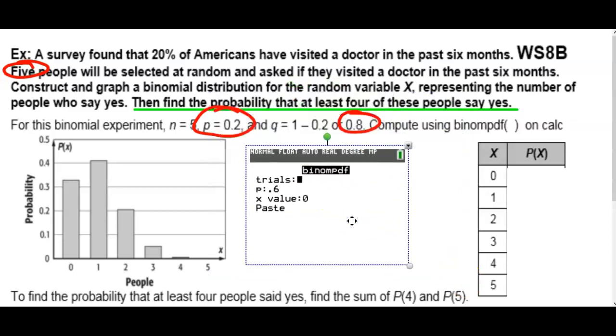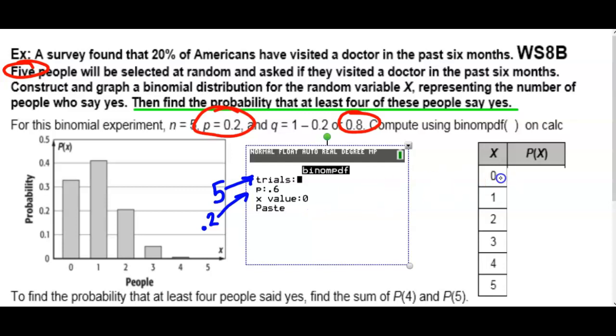So when you use this, all it wants is how many trials, which we asked 5 people. P is the probability of success. So for this, the probability they went to the doctor was 20%. And then X value means how many people do you want to successfully say, yes, I went to the doctor.